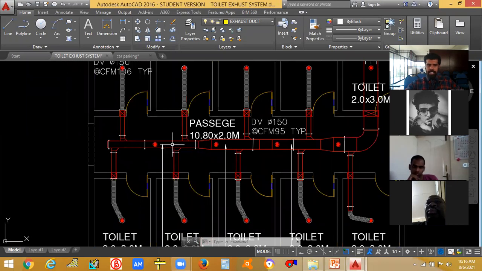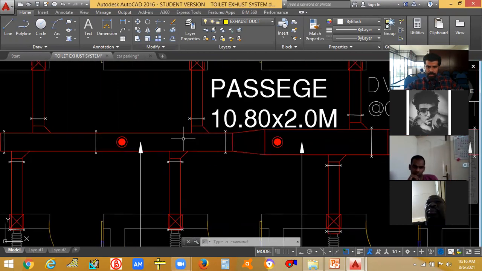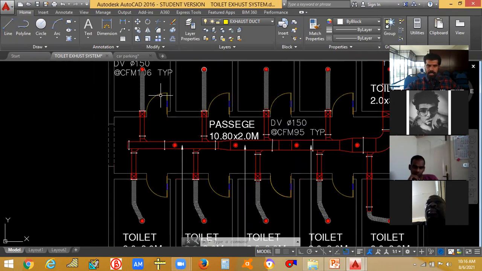Now just assume that there is one more duct here. Next assume the second duct. To find out this duct, you have to add this CFM plus this CFM plus this CFM plus this CFM plus this passage area plus this passage area.